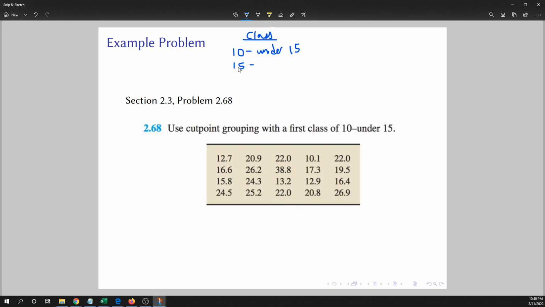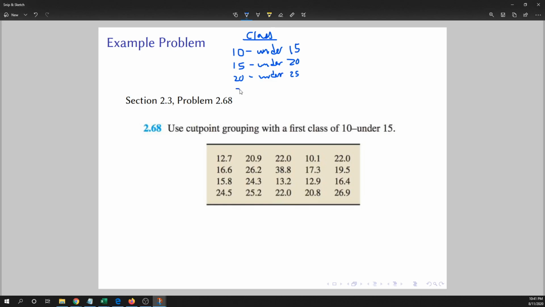So that means the upper cut point here will be 20, because 15 plus 5 is 20. Remember, you want to try and keep the class widths the same on all of these, all right? So the next one would be 20, and then 20 to under 25. And it's a good idea to write the under if you're doing this, because it's easy to mix up this cut point grouping and the limit grouping. In limit grouping, the 25 would actually go into this one, right?